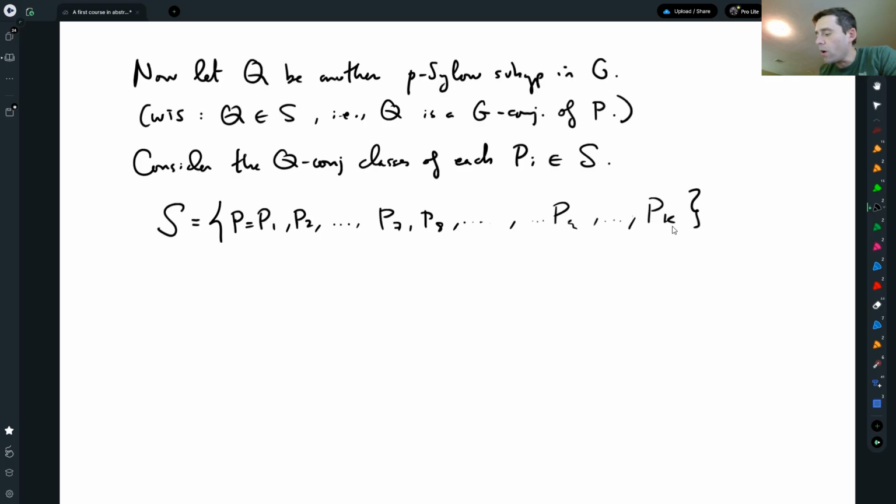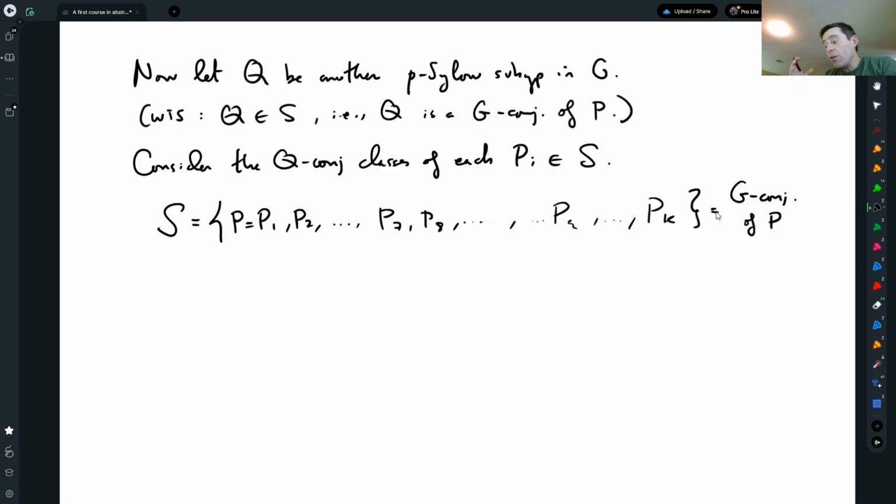We know there are K elements in S. And these are the G conjugates of P, so this is the whole orbit of P under conjugation.